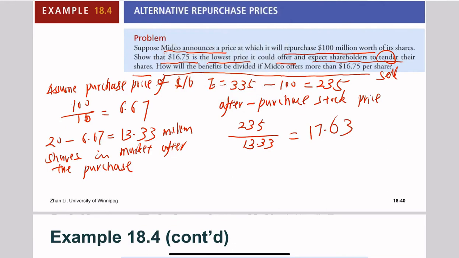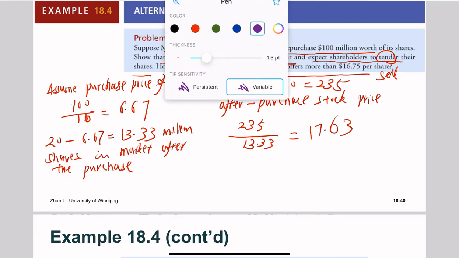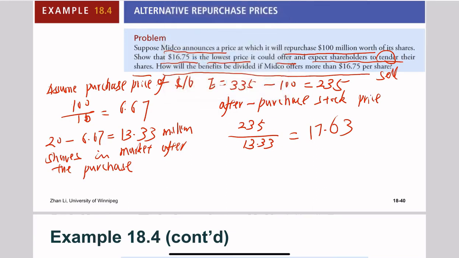This is actually the same as the approach we mentioned in the last class. What you can see here is the purchase price is $16, but the after-purchase price is $17.63. So this implies that if the firm indeed offers $16, no shareholders would want to offer their shares for sale at $16, because they understand that after the purchase, the share price will increase to 17.63.